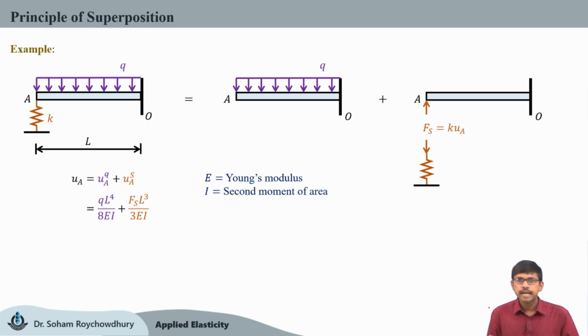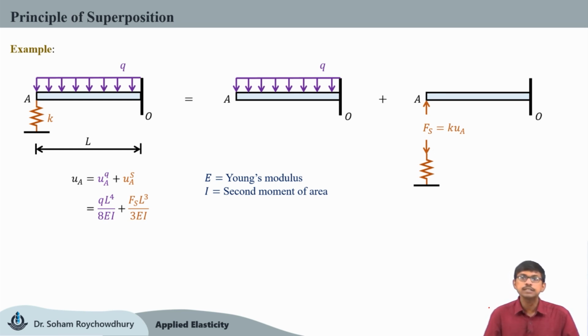So, any cantilever beam subjected to uniformly distributed load of intensity q throughout its span would have end deflection of q L to the power 4 by 8 EI, whereas any cantilever beam subjected to a tip load P at the free end would have tip displacement of P L cube by 3 EI. Here, for the second case, that tip load P is nothing but the spring force Fs. So, ua for the spring case is Fs L cube by 3 EI.